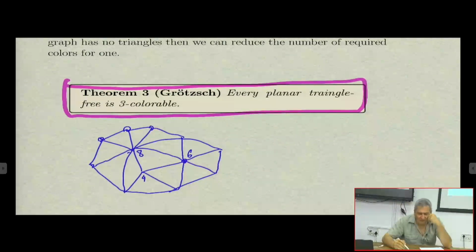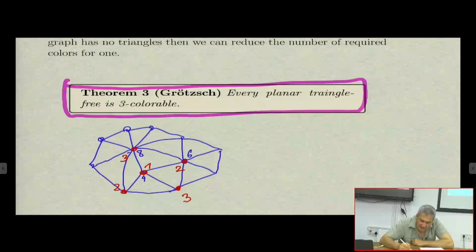And you know, if you now try to color it, okay? Okay, oops, better not touch it. I use some other color. You know, I will put here color 1. Okay? Then I put 2. I go around this vertex. 3. What can I put here? 2. Here. 3.